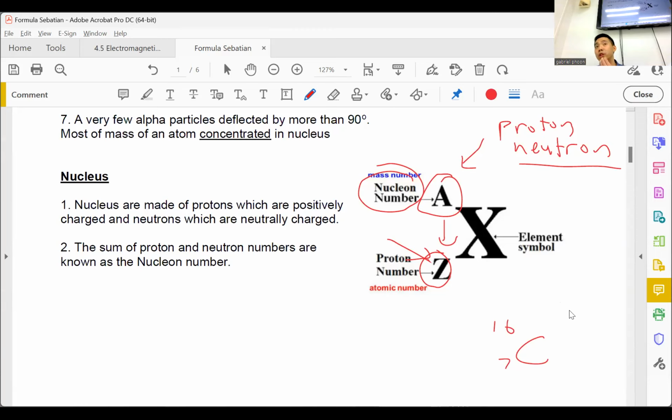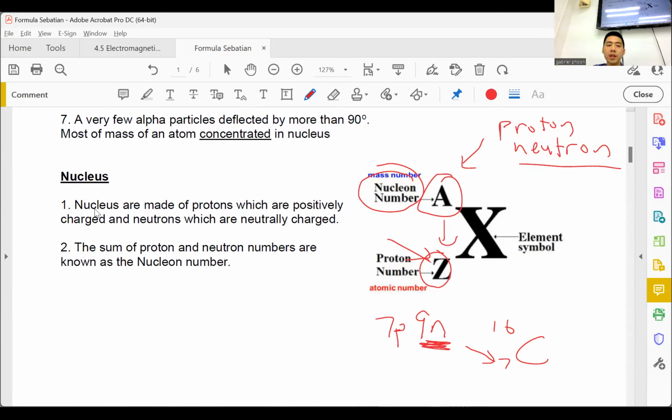So the question will be something like this. They'll say identify the composition of the nucleus. If they ask you the composition of the nucleus, you're supposed to say that the nucleus has 7 protons and 9 neutrons. That's the composition of the nucleus, right? Because it's 16 minus 7, then you get the 9 neutrons here.